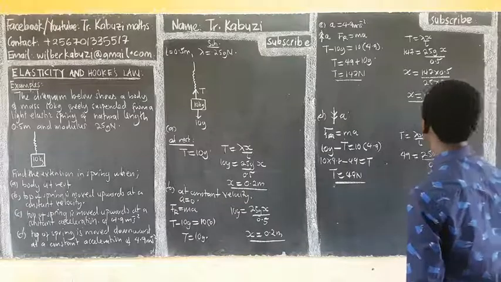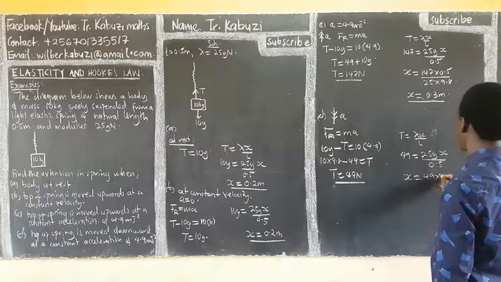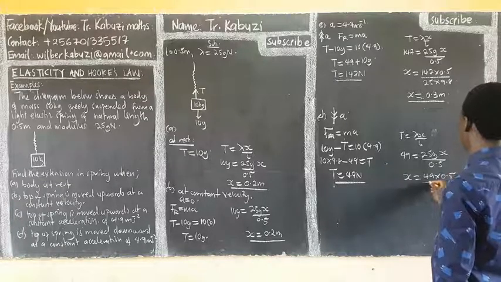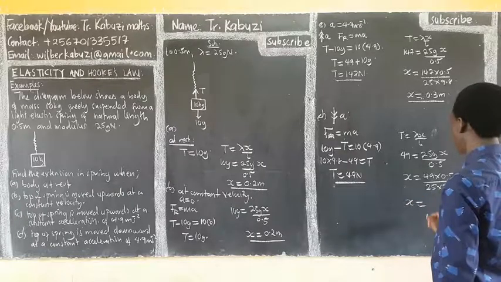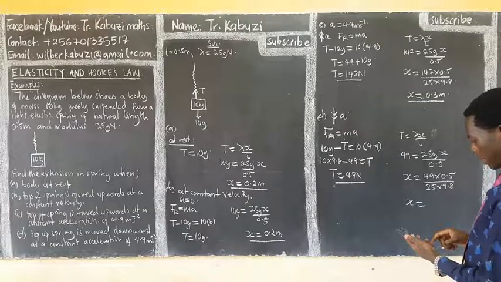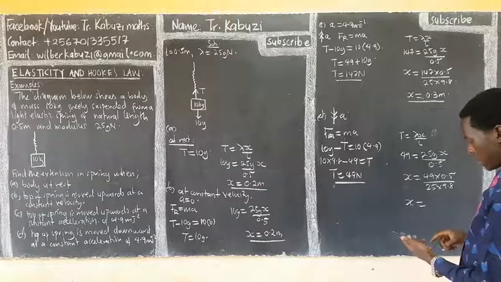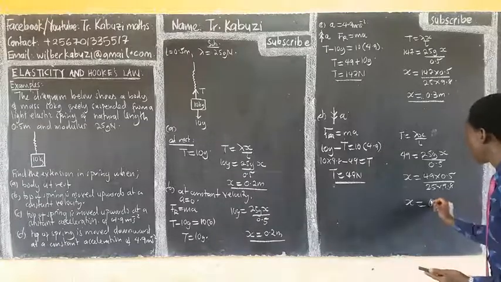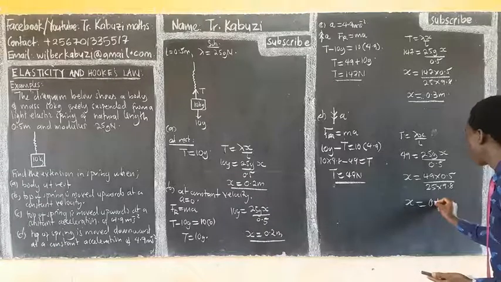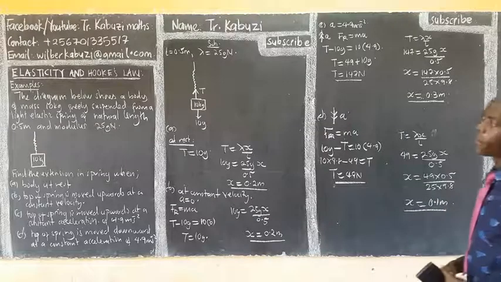I cross multiply and divide by 25 times 9.8. So my x is going to be 0.1 meters.